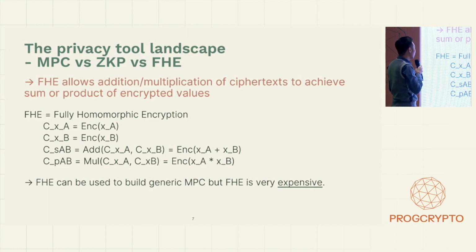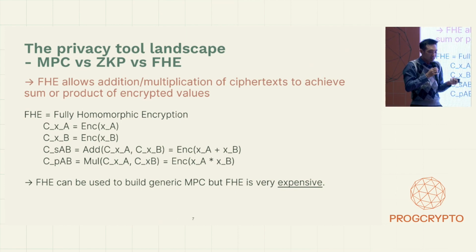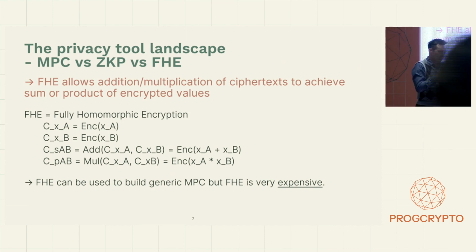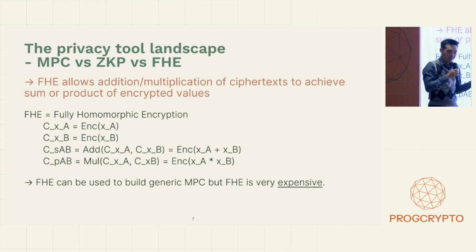Okay, so what about FHE? Basically, if we think of the simplest form of FHE, it allows addition and multiplication of ciphertexts. So it will produce the sum or product of the encrypted values. To be more precise, FHE stands for fully homomorphic encryption.